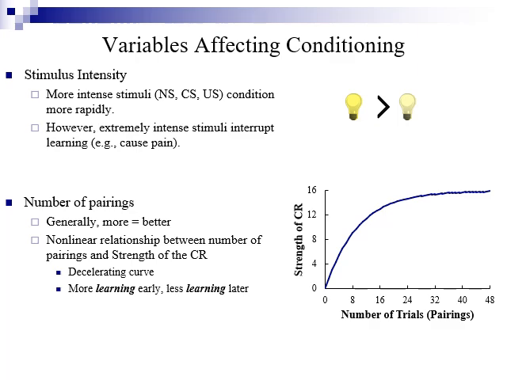So, for example, if we look at the change in the strength of the conditioned response over the first 8 trials, we see that we go from 0 conditioned response to a conditioned response of about 9 over those first 8 trials, right? So we've had a change in behavior on the order of 9 units.